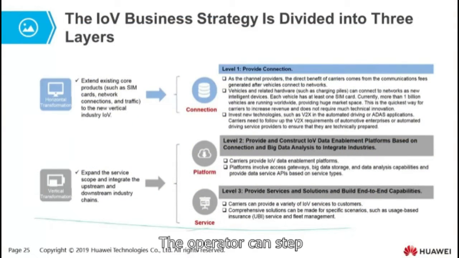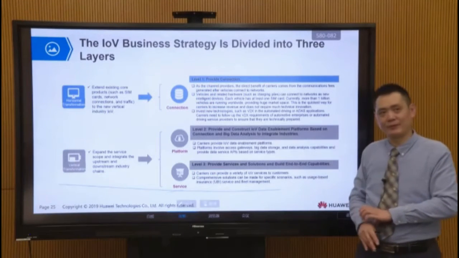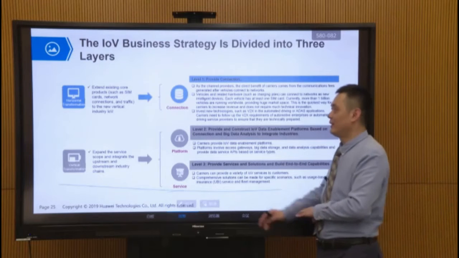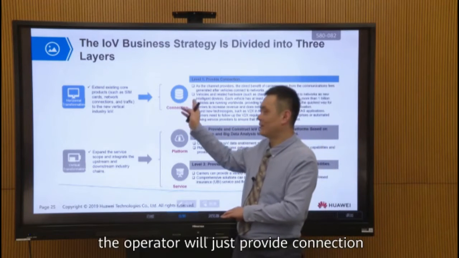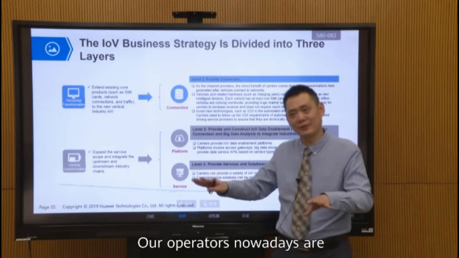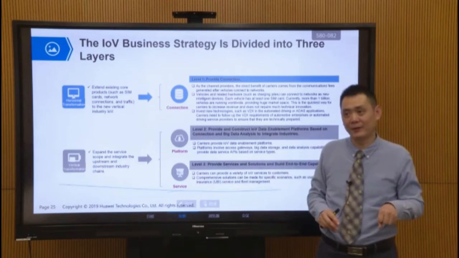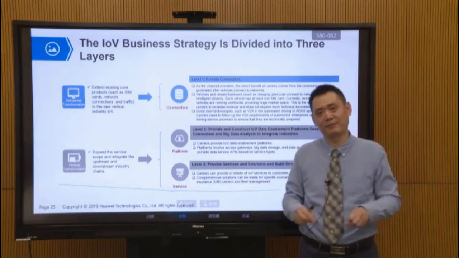The operator can step into the IoV business in 3 levels. The first level is the operator will just provide connection. It's very normal. Our operators nowadays are just providing connections. We say pipe, okay? Providing a pipe.